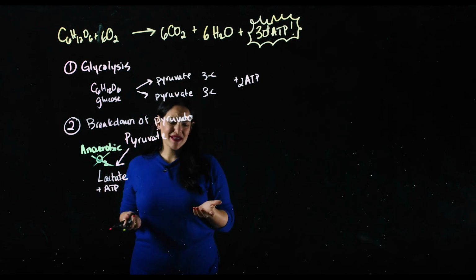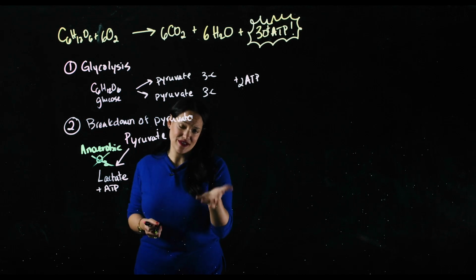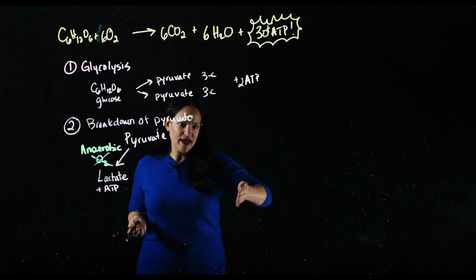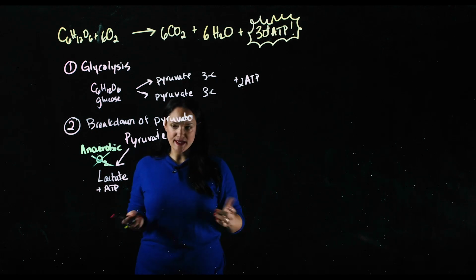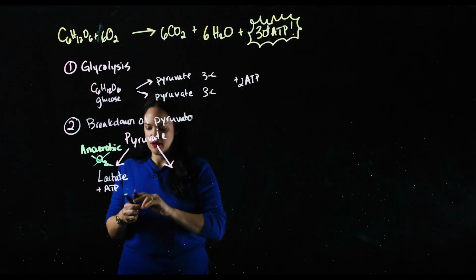Okay, but typically under most situations there is enough oxygen available, like right now just sitting there watching this video, or when you're going for a walk, or even when you're running at a sustainable rate, your body knows how to match oxygen needs with oxygen delivery. Okay, and that is something called an aerobic condition.